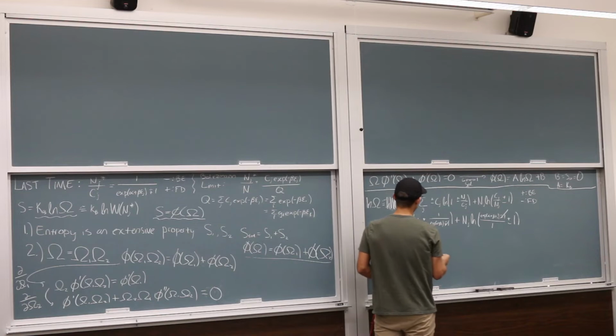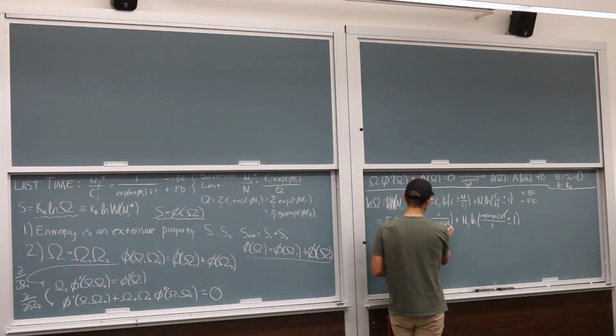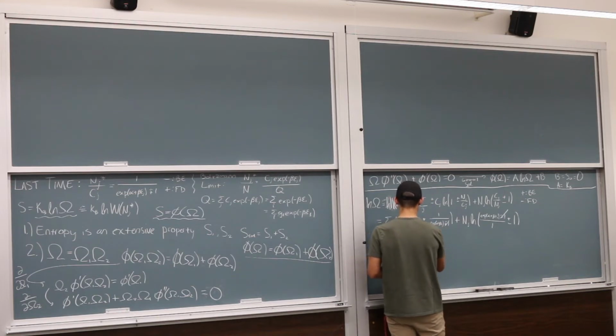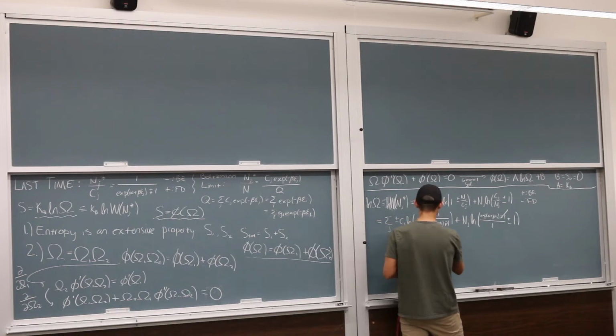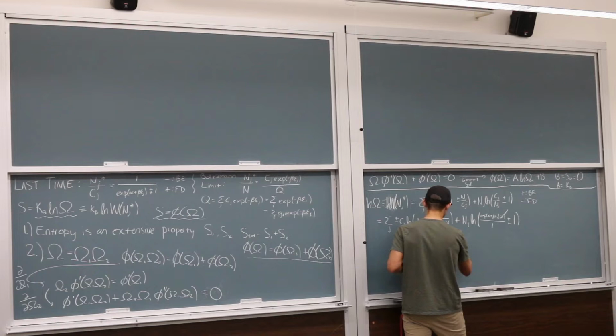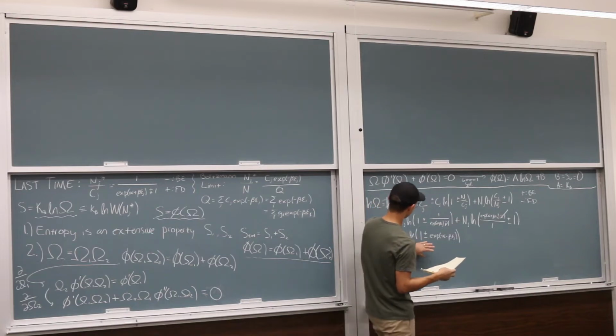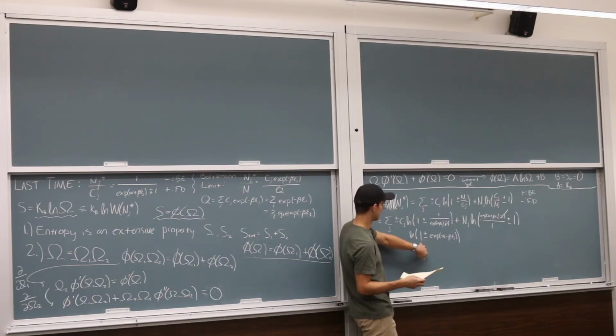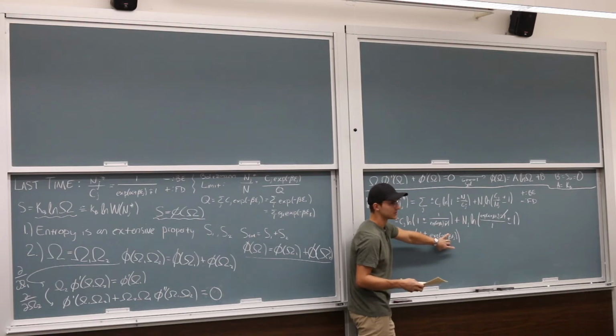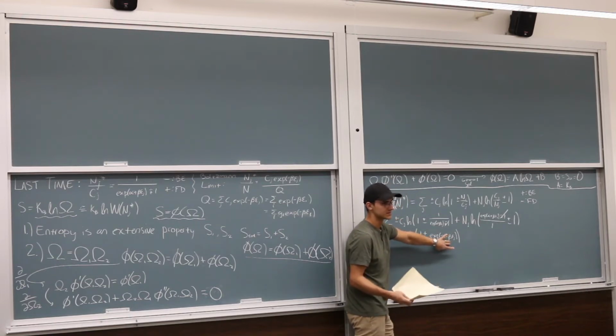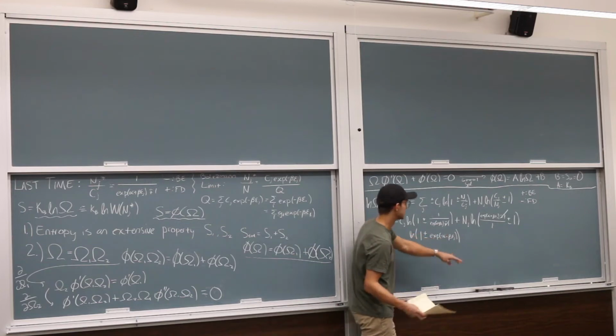The other thing we observe is that this becomes natural log of 1 plus or minus exp of minus alpha minus beta epsilon j. Anytime you have the natural log of 1 plus or minus something very small, you should be thinking of the Maclaurin series, which is just the Taylor series about x equals 0.